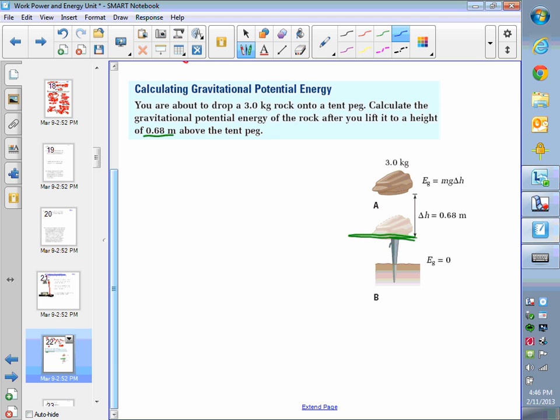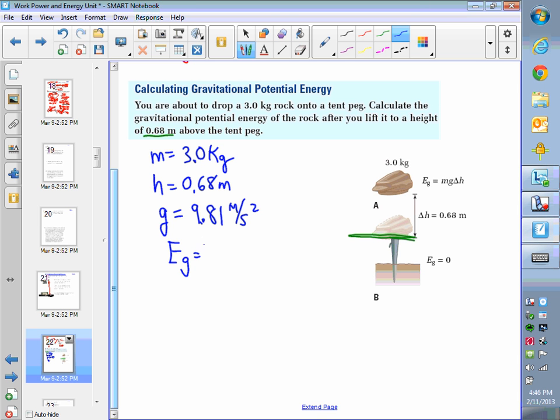So we have been given a mass of 3 kilograms. I put 30, better put a decimal there. 3 kilograms. We know that it was raised through a height of 0.68 meters. And we'll assume, since it gives us no other information, that the acceleration due to gravity is 9.81 meters per second squared. The question's asking for the gravitational potential energy.